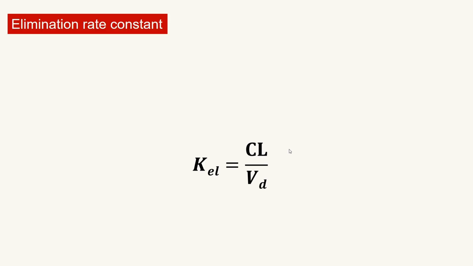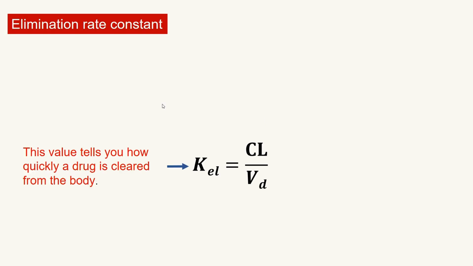All right, let's look at another equation that is commonly used for calculating elimination rate constants. The elimination rate constant tells you how quickly a drug is cleared from the body. So if you want to determine how quickly it is cleared from the body, then you utilize clearance and volume of distribution.